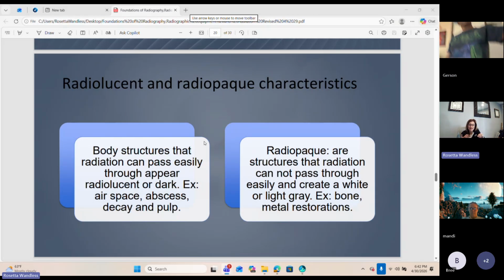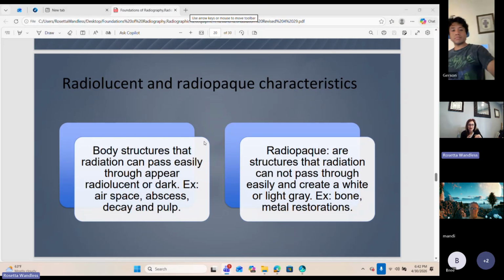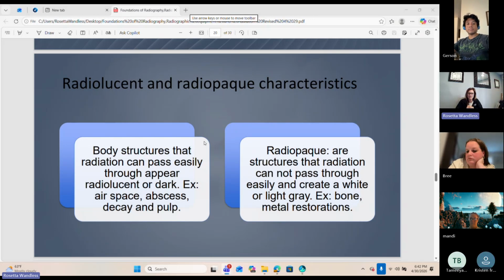So we can say solid structures, guess what they are? Radiopaque, right? And anything solid will show that white or light gray. Does that make sense? And did everybody list those? Do you need me to repeat the structures that are radiopaque? Everybody got them? Cool. Good, good, good.